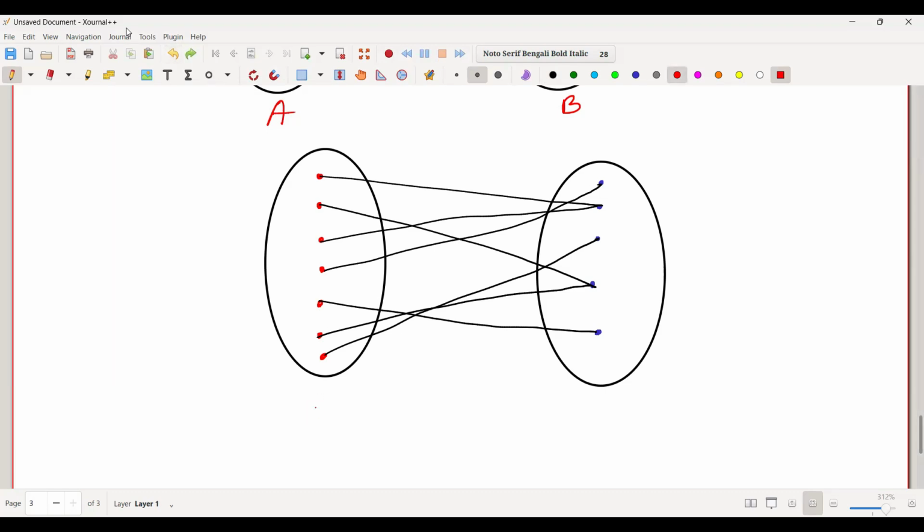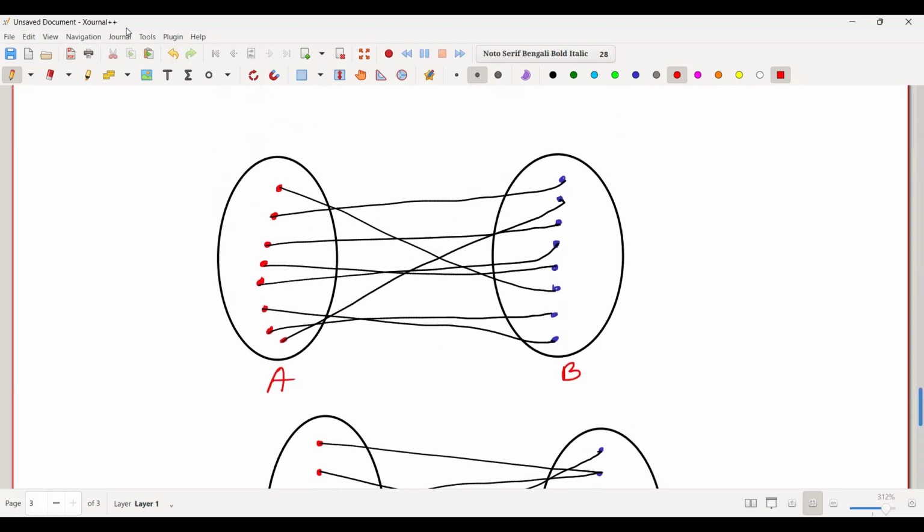Suppose we take it C and D. So here you can check that, okay, which color should I take? This.